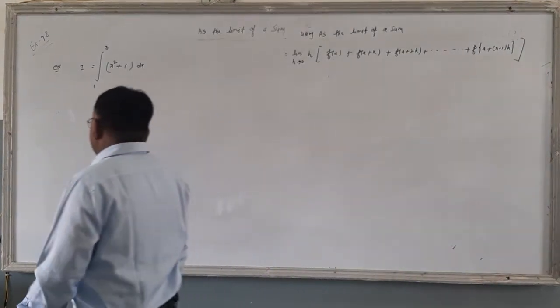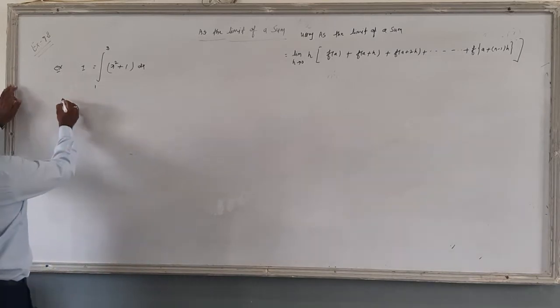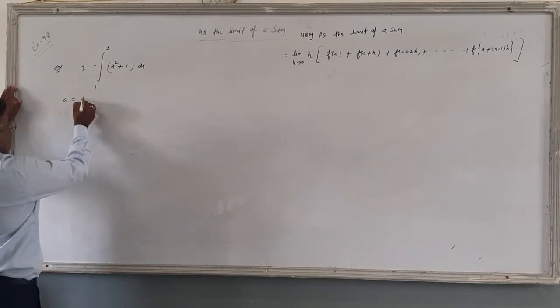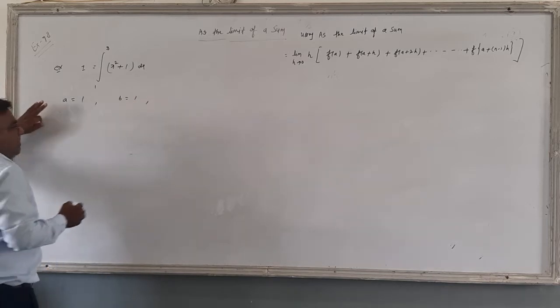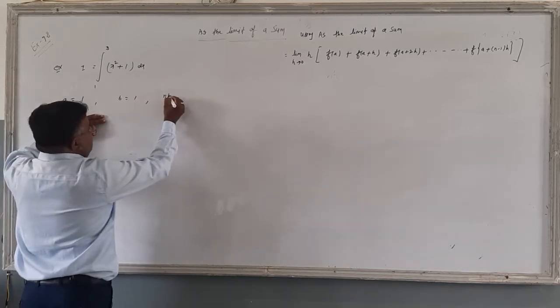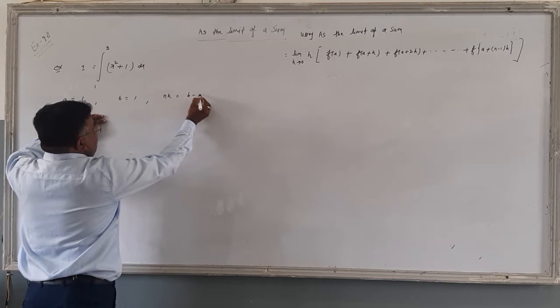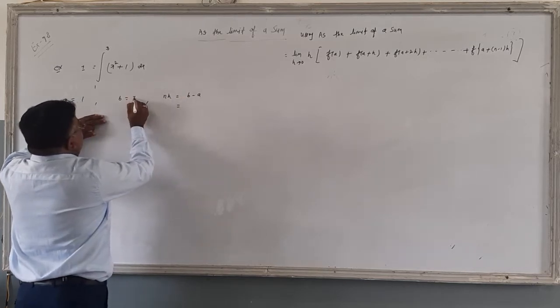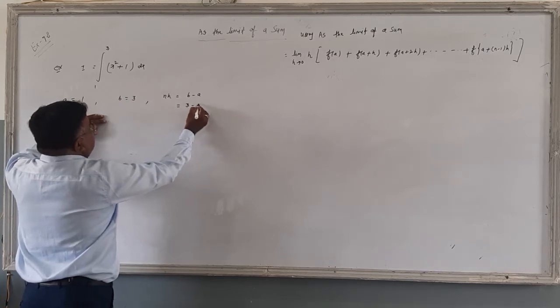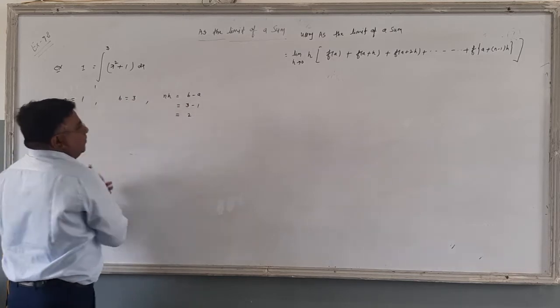First find a, b and nh, where a is the lower limit and b is the upper limit. What is nh? It is b minus a. Here b is 3 and a is 1, so nh is 2.